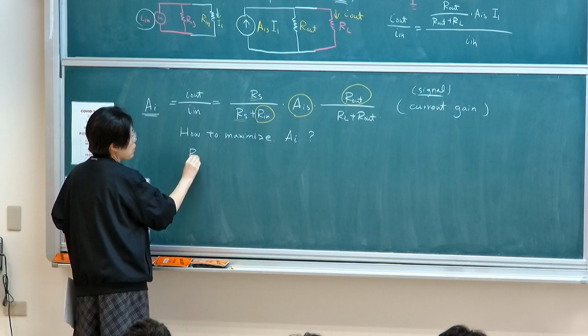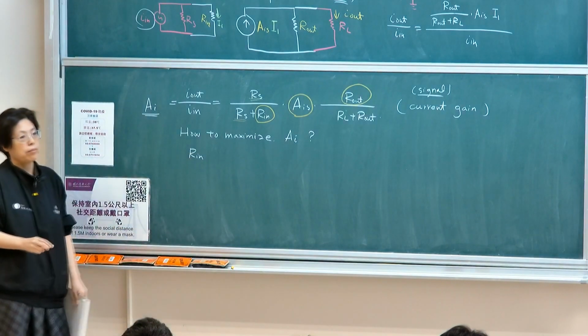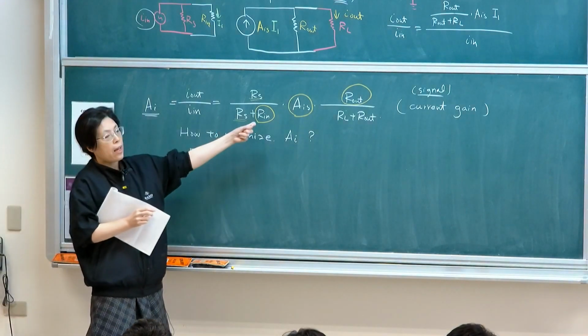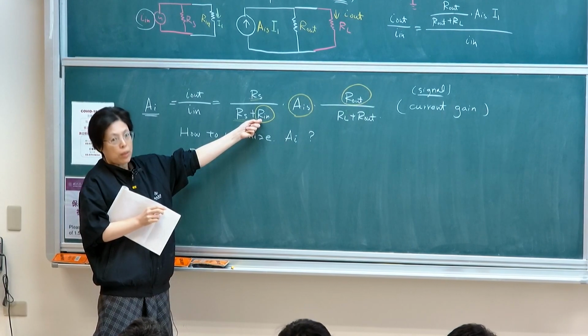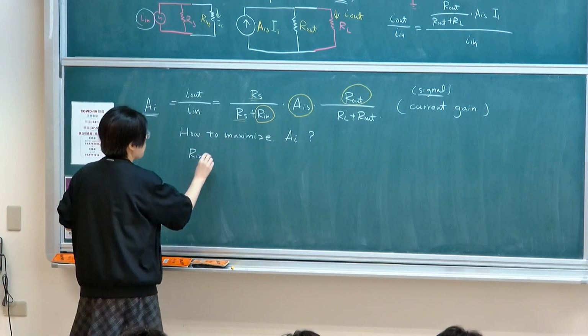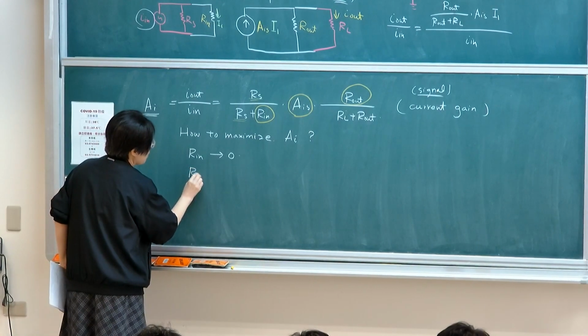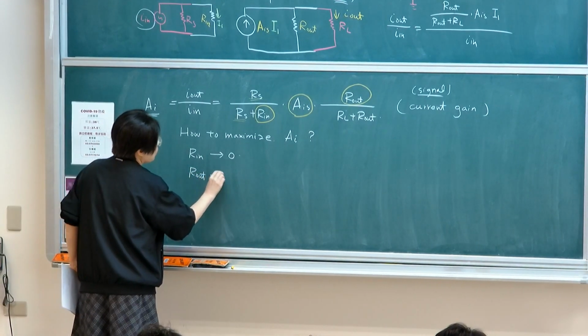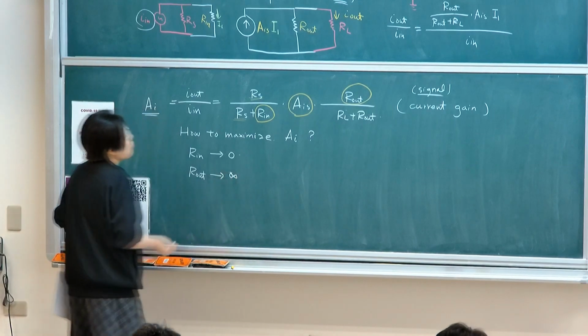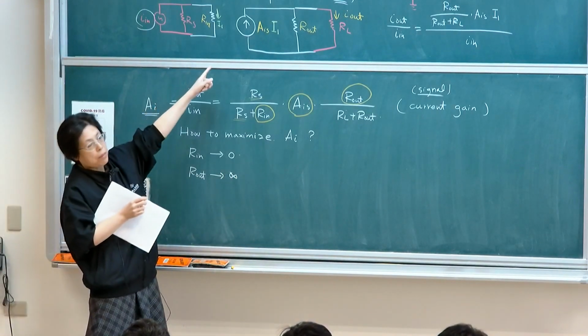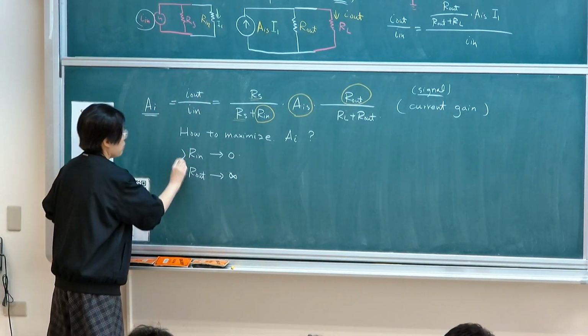Is to make input resistance, what? You want to make this as low as possible, right? So you want this to approach 0. We want the output resistance to approach infinite. So you get an ideal current source. That's basically what it is.